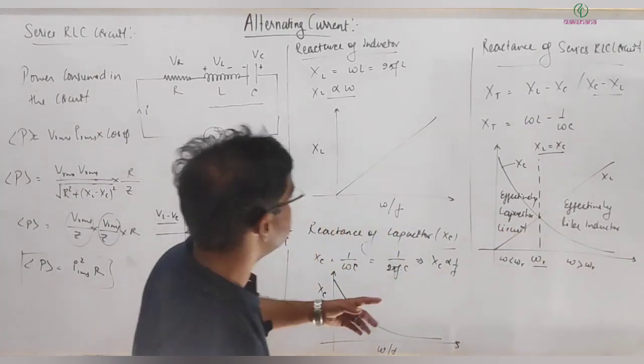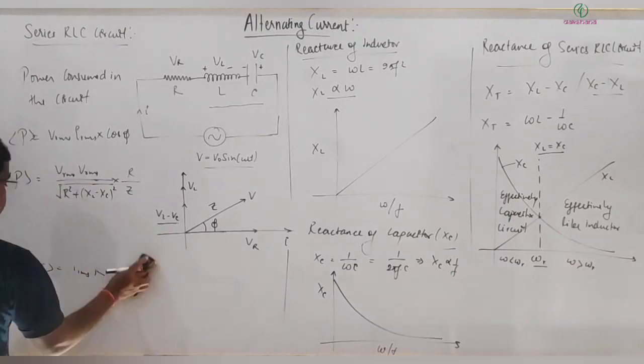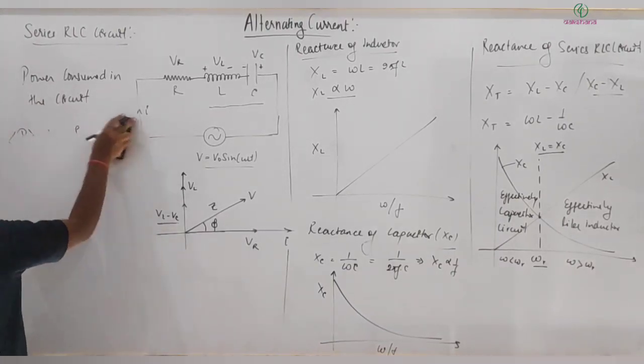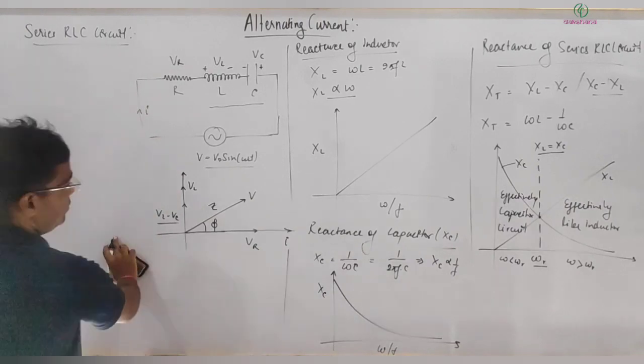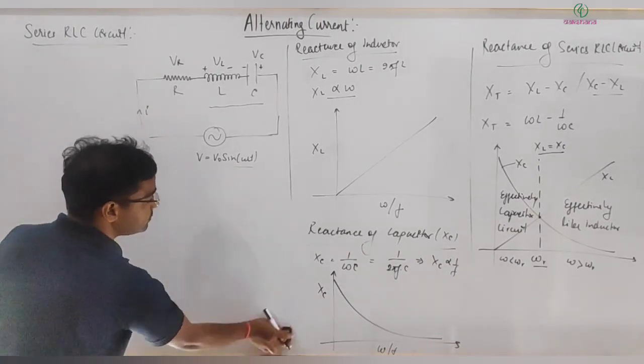Clear? I can plot its net variation also. Remember these relations. So let me erase this part also.